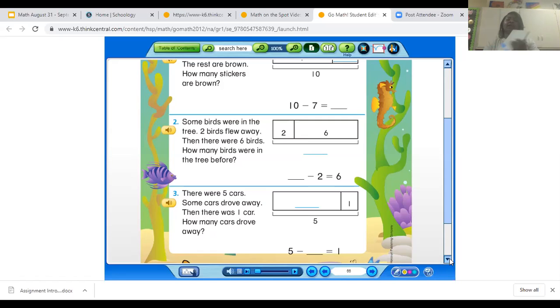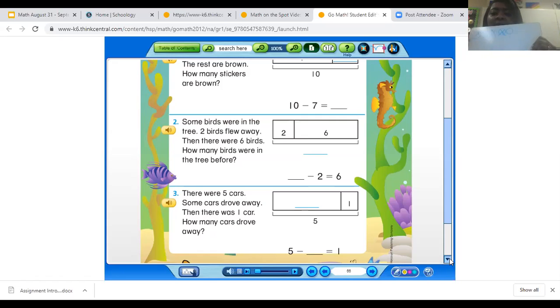So let's see. There were 5. 1, 2, 3, 4, 5. So there were 5. Some cars drove away, only leaving 1. So let's cross out some of these circles until I only have 1 remaining. 1, 2, 3, 4.